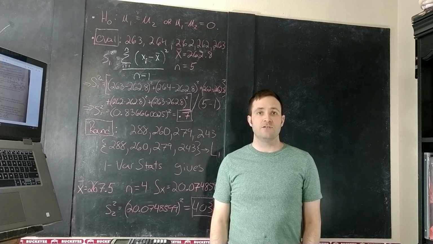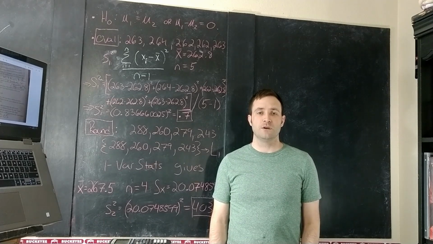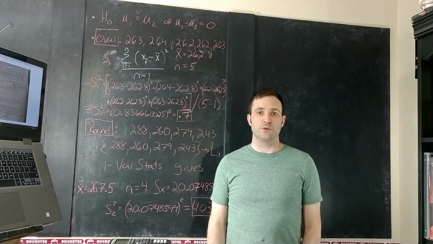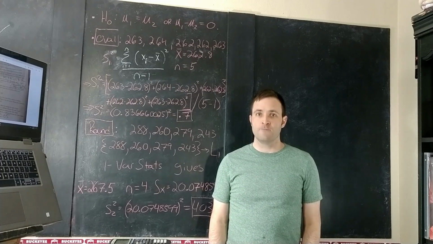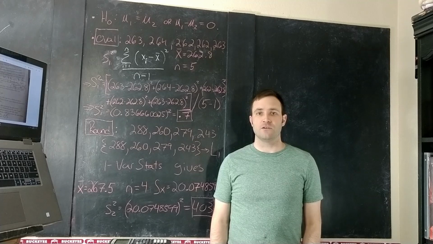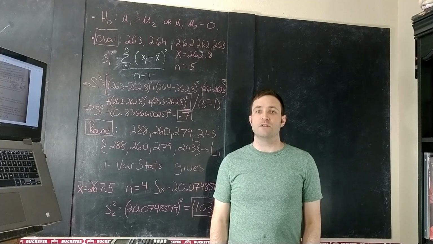The first is a test of hypothesis on the difference between two population means with population variances known. The second tool is a test of hypothesis on the difference between two population means with the population variances unknown but likely equal. And the third tool is a test of hypothesis on the difference between two population means with the population variances unknown but likely unequal.